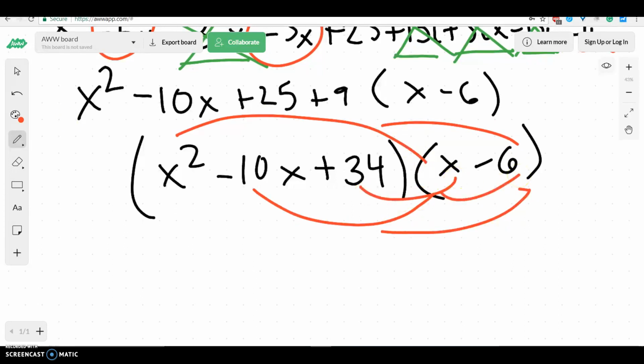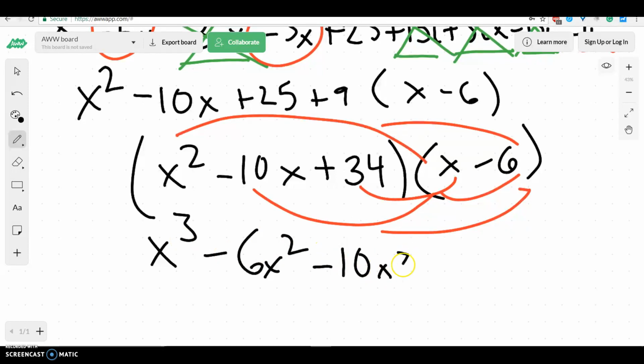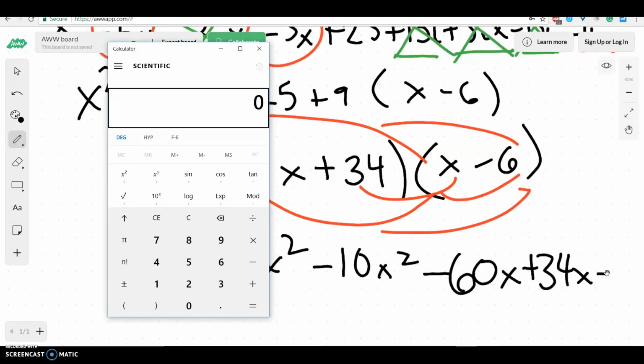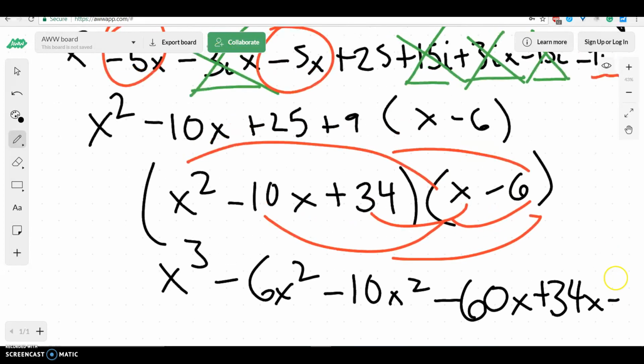And when we distribute, we're going to get x cubed minus 6x squared minus 10x squared minus 60x plus 34x minus, and I don't know what that is off the top of my head, 204.